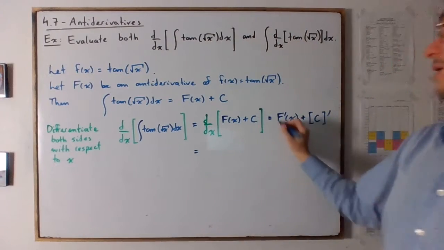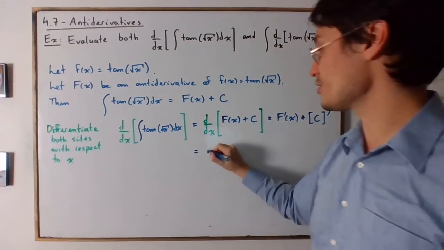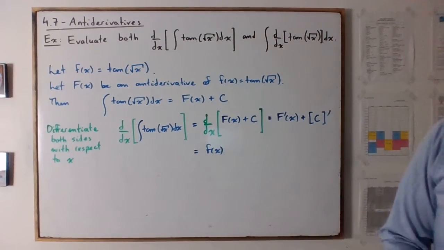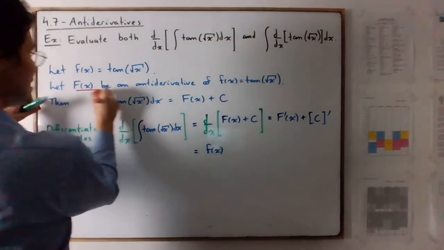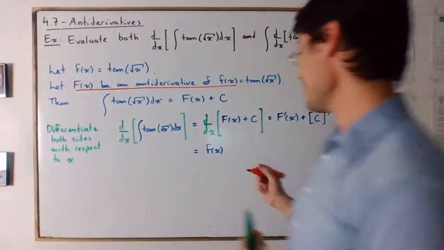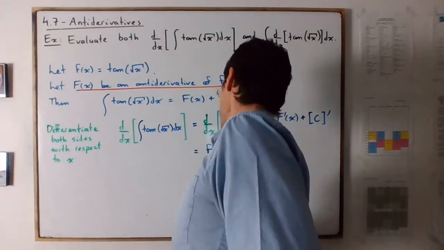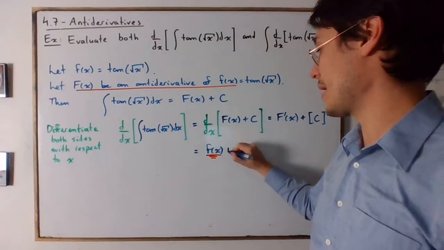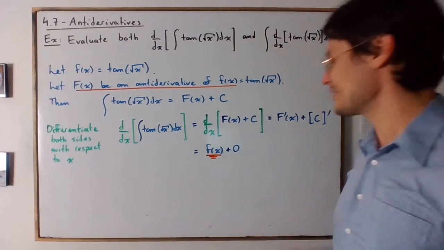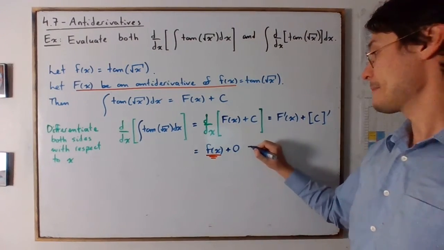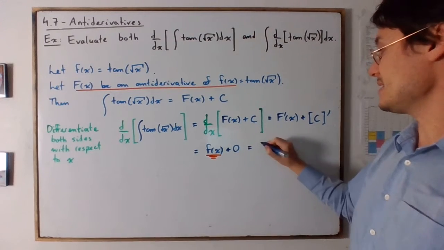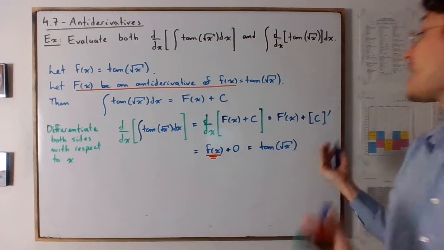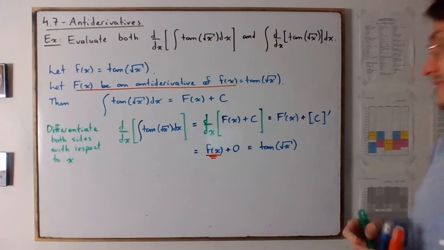Now the derivative of F is actually f of x, because f of x is an antiderivative of f, so we are getting this. And the derivative of c is 0, so I'm being lousy here, but I'll write the 0. But in the end, what you get is the tangent of square root of x plus nothing, right? This is actually the answer.